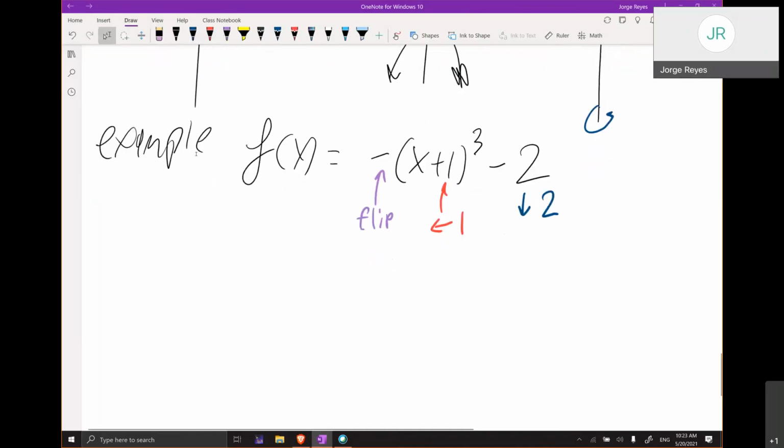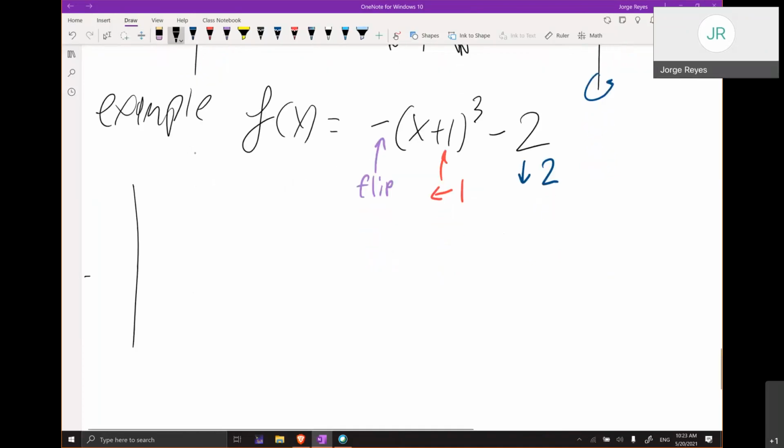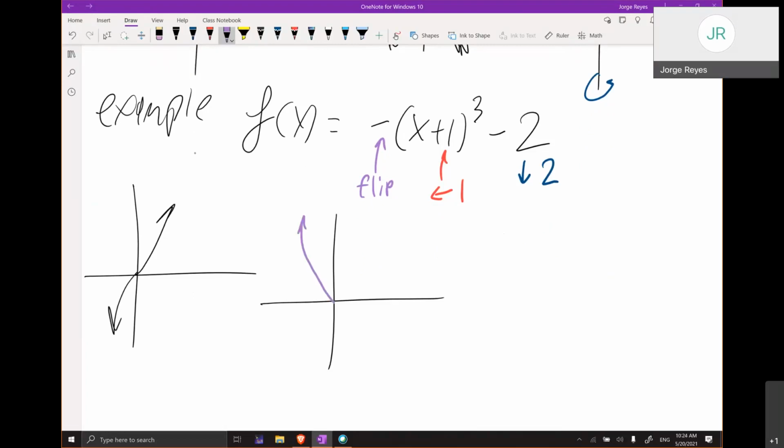So we can have the original. Then, this is like professional advice because it gets a little complicated: I'm going to advise you to always do the flip first, or the reflection. If you do the reflection, you get this.